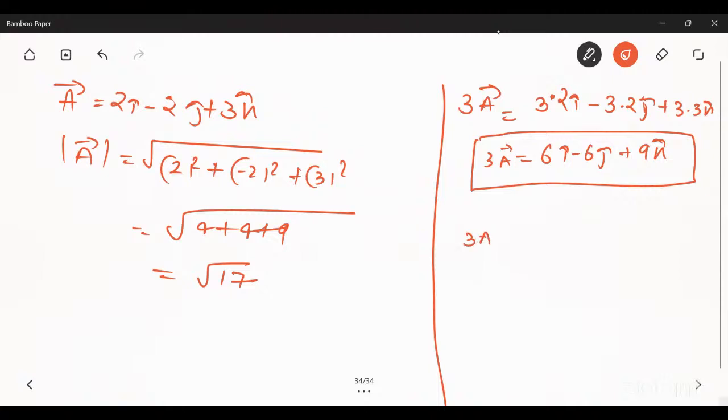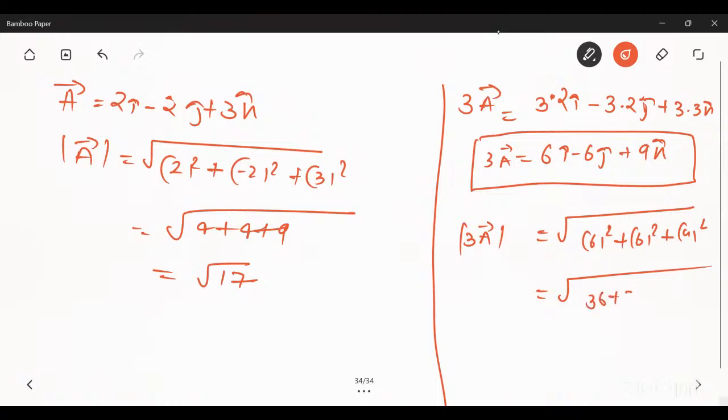Now find the magnitude of 3A vector. The magnitude of 3A vector is the square root of 6 whole square plus (minus 6) whole square plus 9 whole square, so 36 plus 36 plus 81. 72 plus 81 is 153.